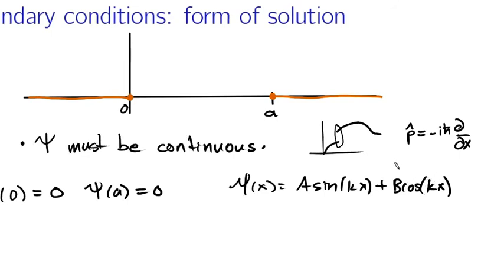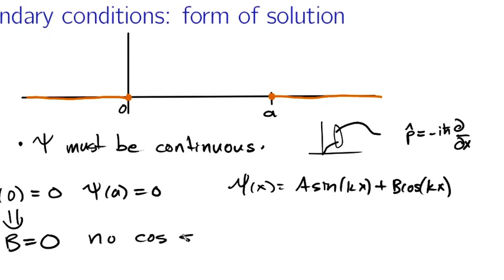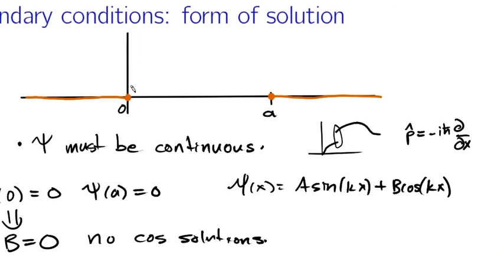So what I'll get if I plug in 0 for psi is 1 times B. Now if I'm going to get 0 here, that means B must be equal to 0. So we have no cosine part to our solutions. Everything here is going to start like sines. It's going to start going up like that.